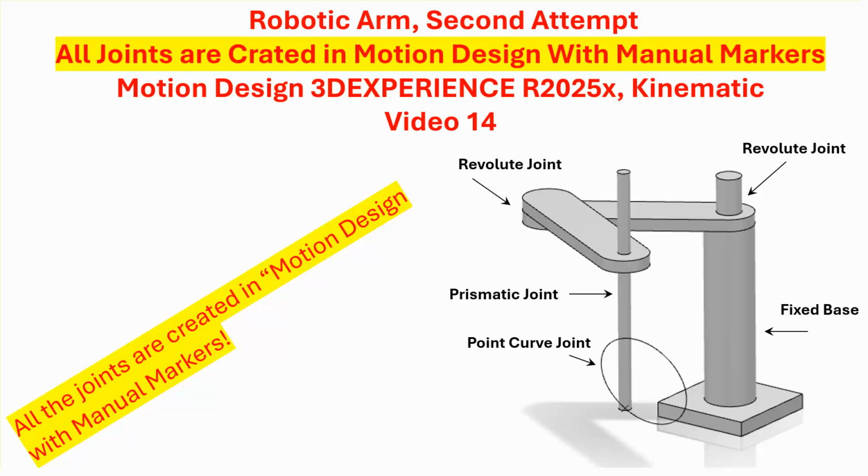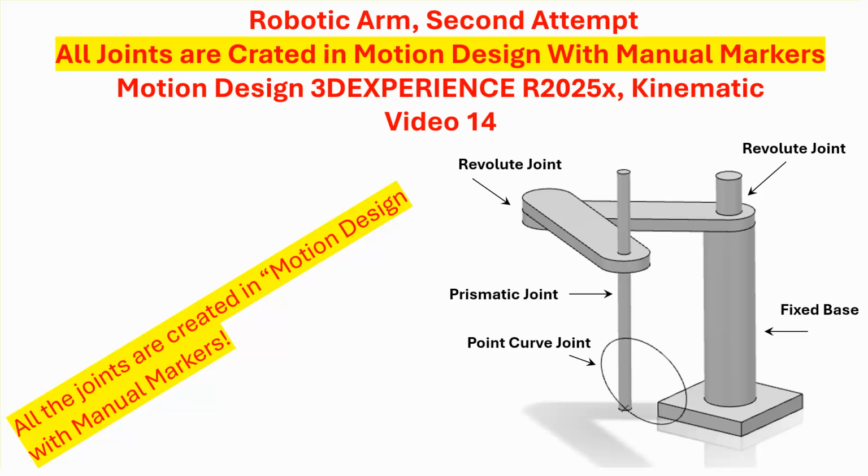The manual creation of the joints is actually done with markers. And markers, if you're familiar with CATIA V5, the DMU kinematics, there were these things called joints with axis systems. Essentially, it's that, but they don't call it by that name. They call it markers.